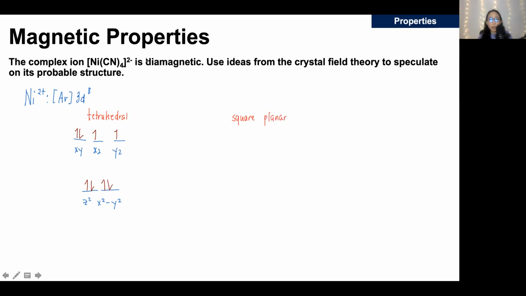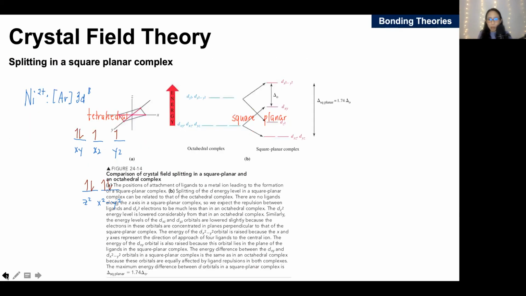Let's look at the splitting pattern of your square planar first. That's x squared minus y squared, xy, z squared, and then xz, yz. Remember, class, this is our crystal field splitting, which means we can distribute the electrons in the z squared, xz, and yz as if they are degenerate.